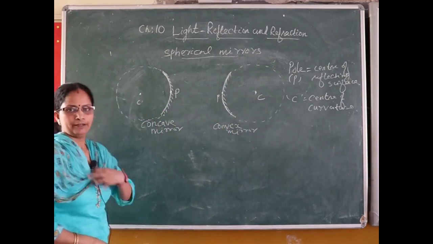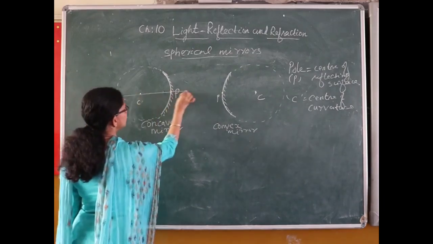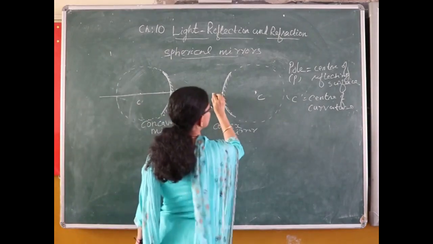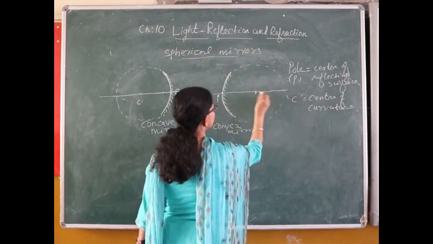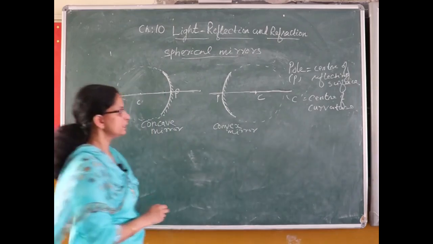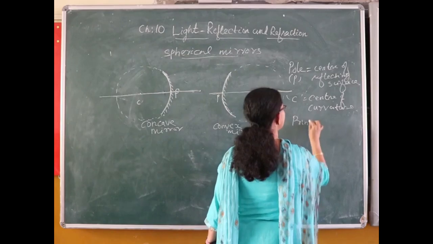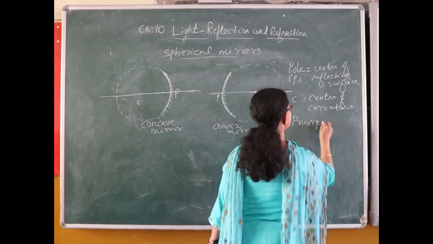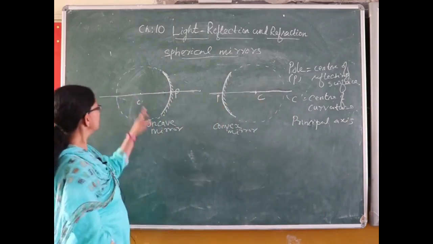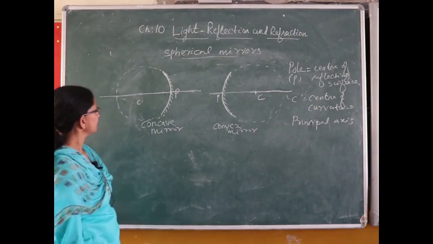An imaginary line that passes through the center of curvature and pole is known as the principal axis. So here also there is a principal axis that runs through P and C. The principal axis is an imaginary line that passes through the center of curvature and pole of the reflecting surface of the mirror.